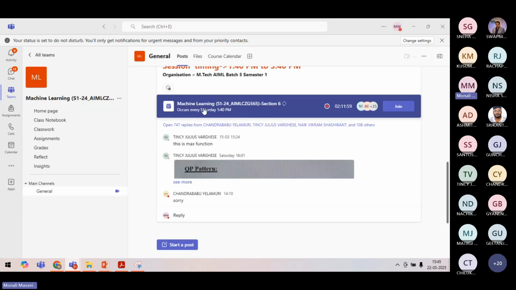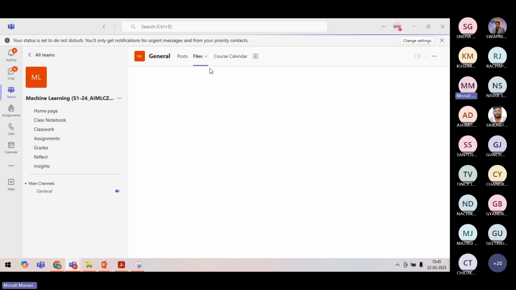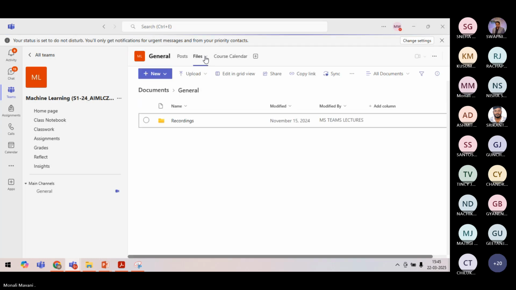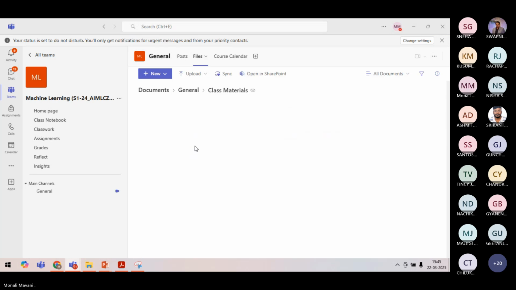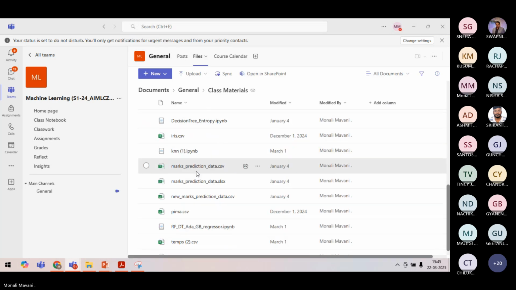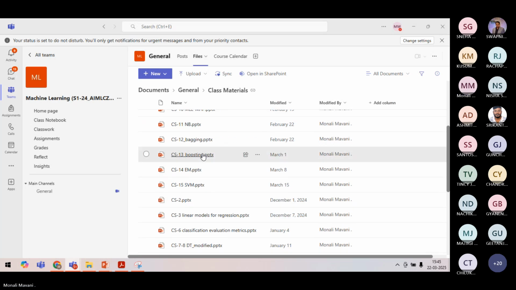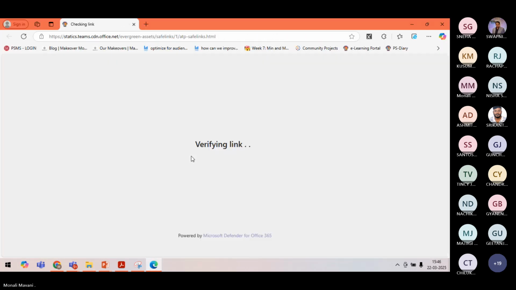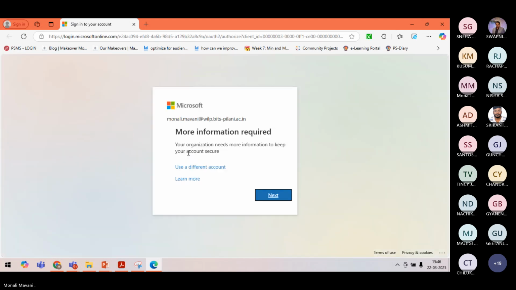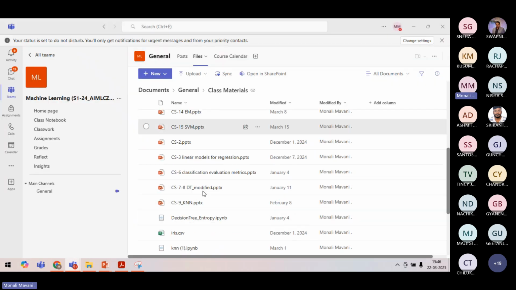Yours is section 6, right? Or section 1? Section 6, ma'am. Files, boosting. Download it, you just download it.